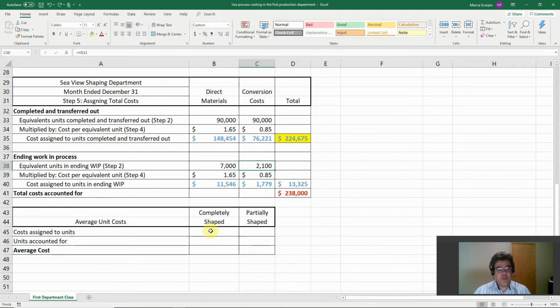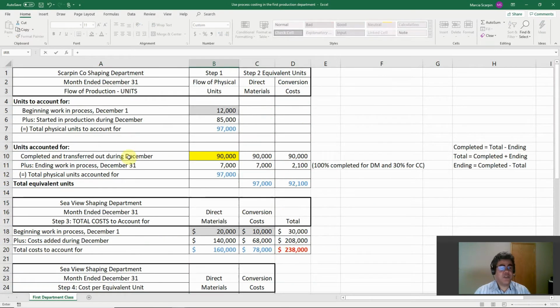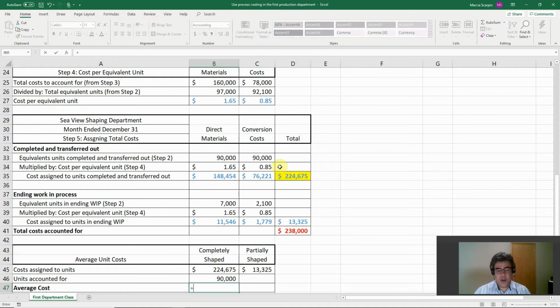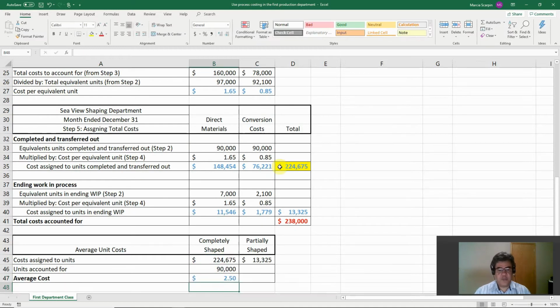And then average cost per unit, cost assigned to units, 224 for completed, partially completed, 13. Units accounted for here, 90,000. So our average cost or cost per unit, 2.5. And if we sum here, we will also have 2.5 because they are completed.